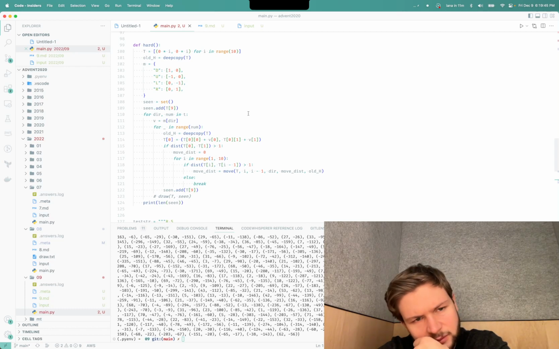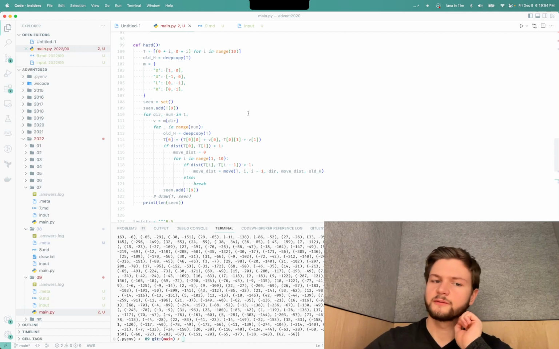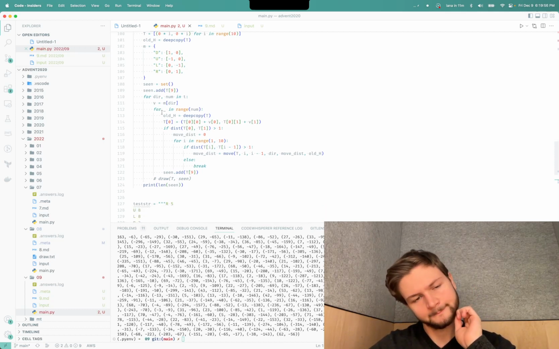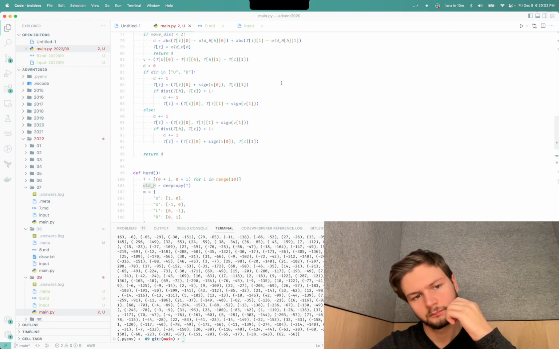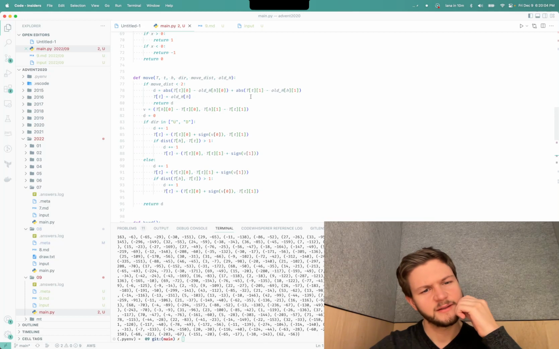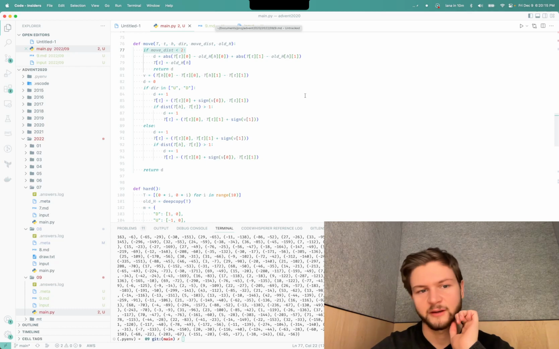Down, up, left, right, scene, move, old positions. I kind of think it's a bit of an issue that we have this special case. It would be more beautiful if we had a general movement method that would describe this, and we wouldn't have to use sign and all these different if cases.